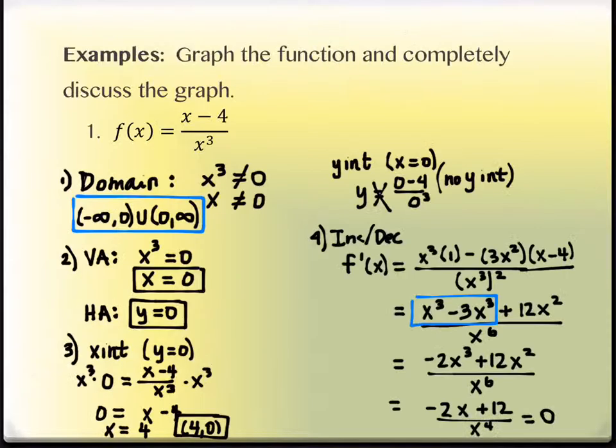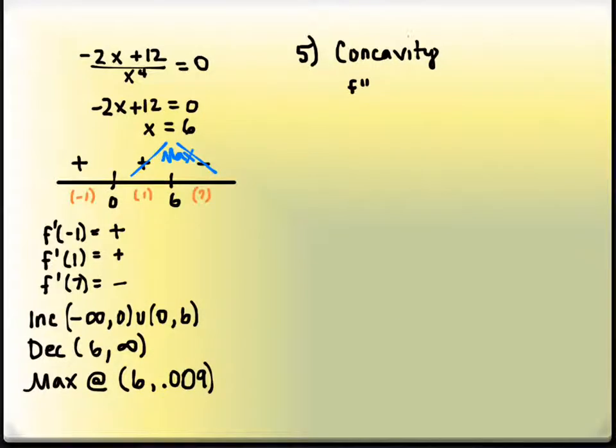All right, so my first derivative, I don't have it all recorded over here. But my first derivative, reduced form, is this value at the bottom right here. It's negative 2x plus 12 over x to the 4th. So that's what we're going to be using as we find our second derivative, that reduced form. It'll be easier to work with a reduced form. So we will find our second derivative.